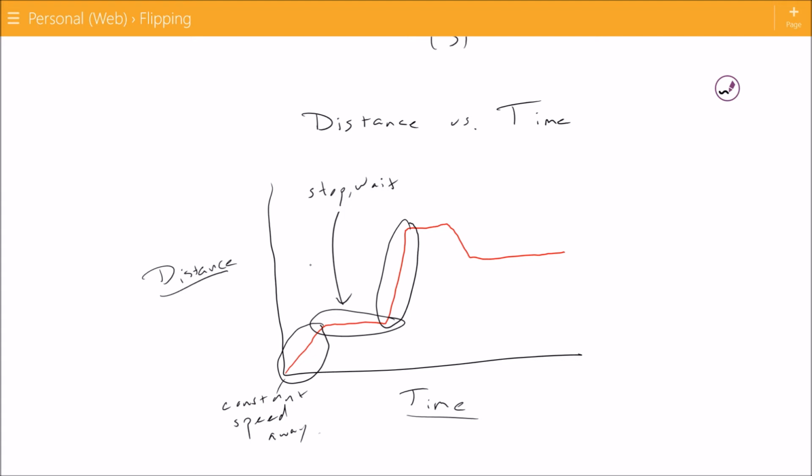And here, what do we have now? In this third section, we've gotten movement away. Distance is increasing, so we do have some movement there. How does that compare to our first section? See how the slope kind of looks like it's a little bit higher? What do you think that means?